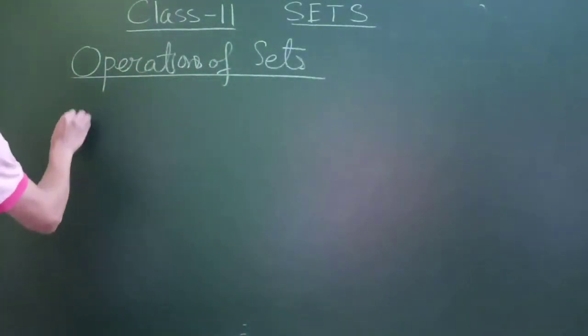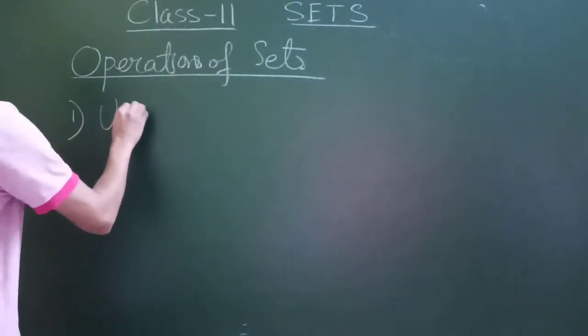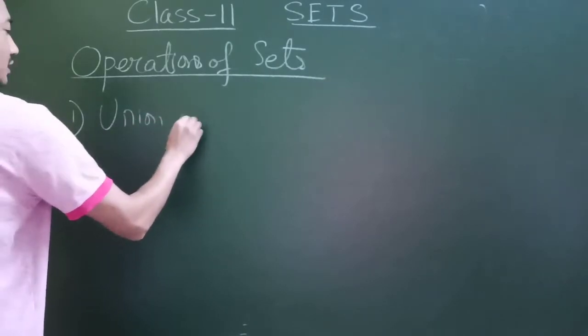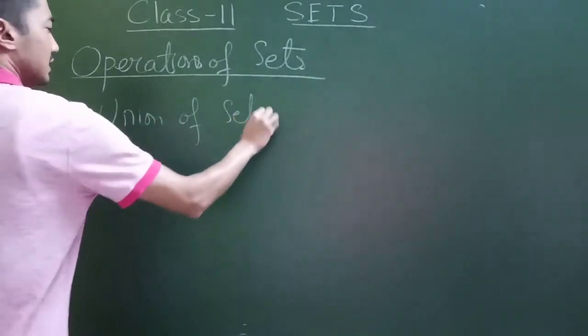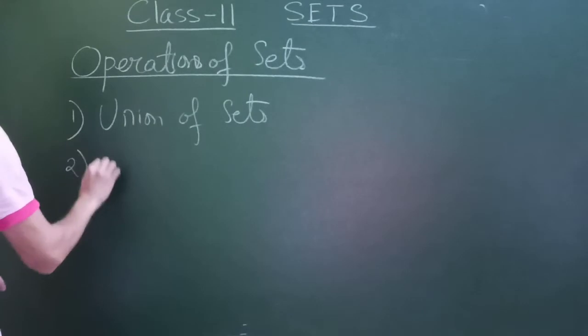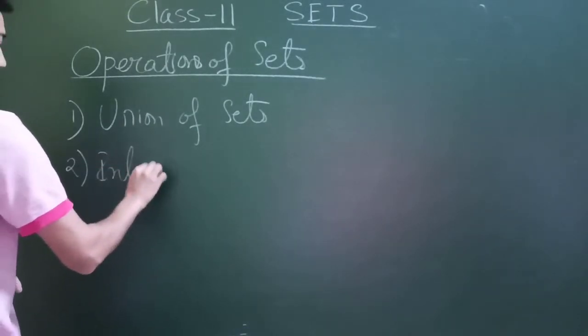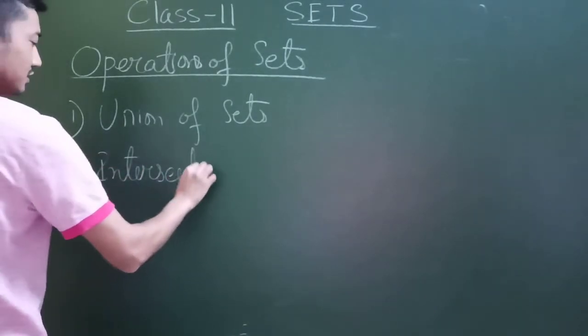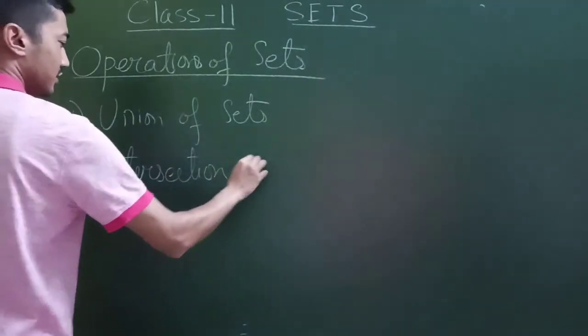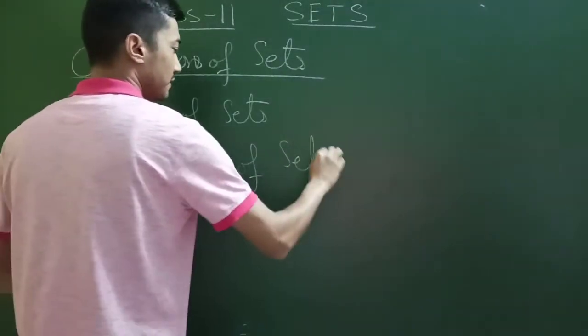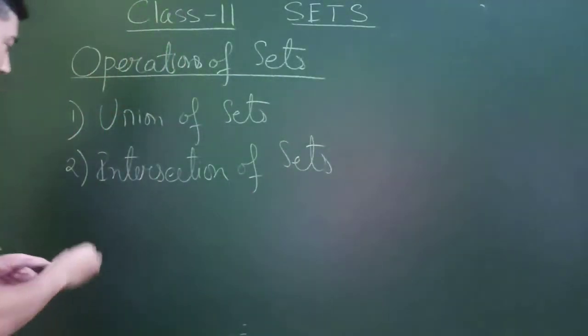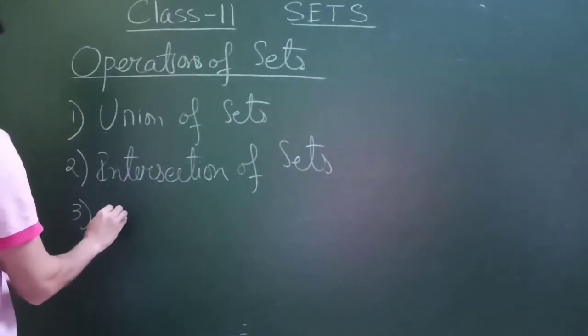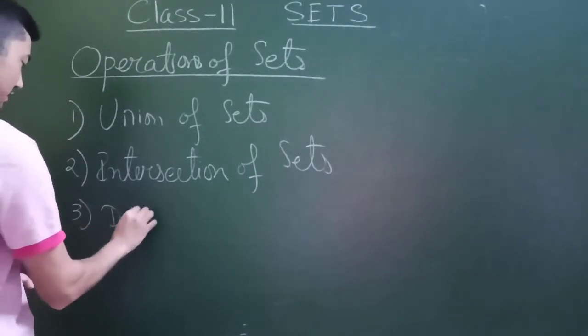The first operation that we're going to be studying today is union of sets. The second operation will be intersection of sets. The third operation will be difference of sets.